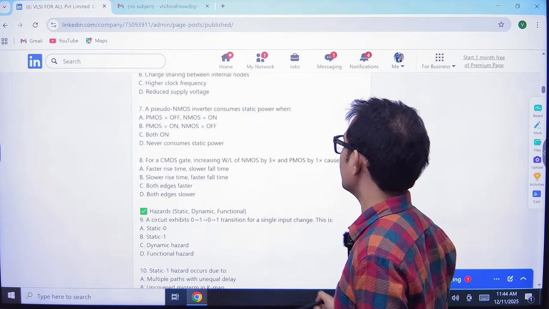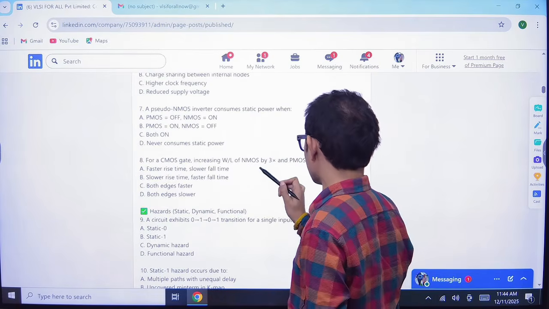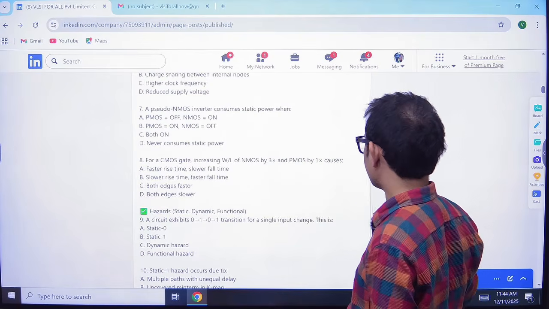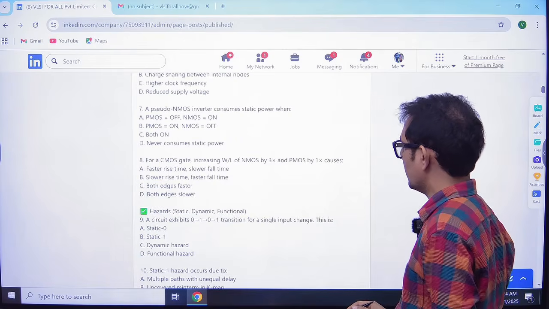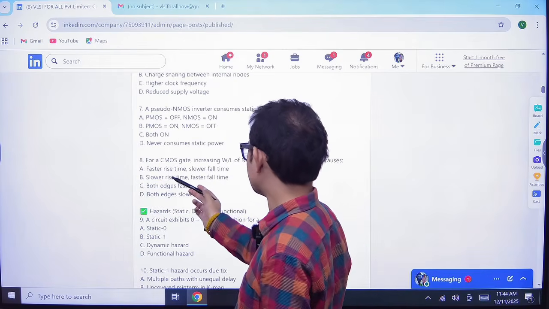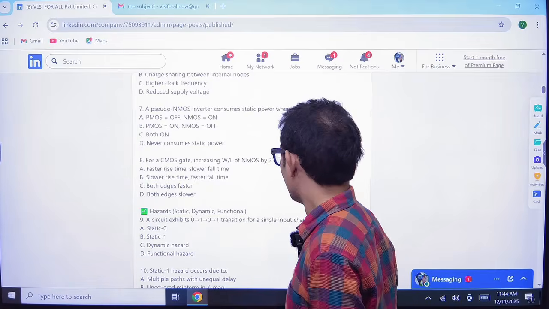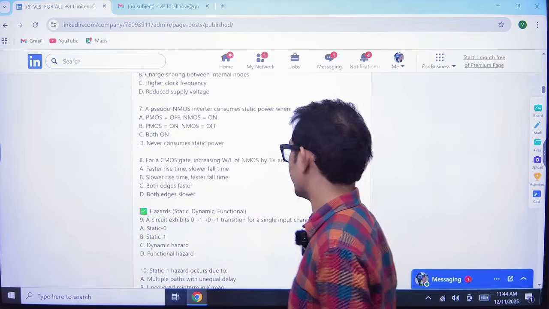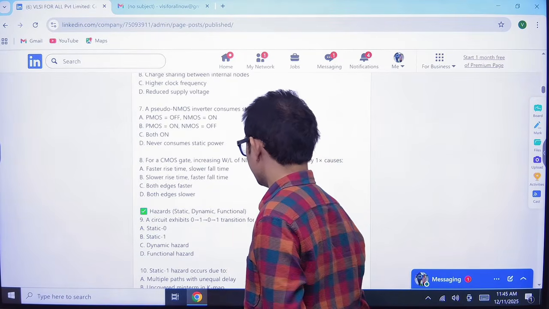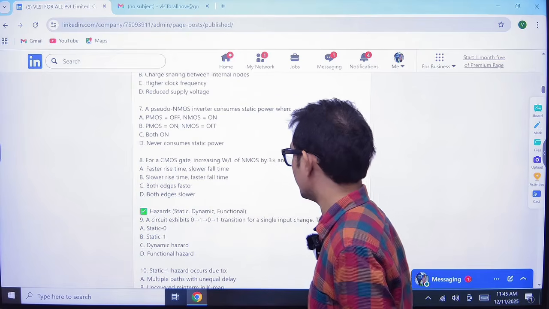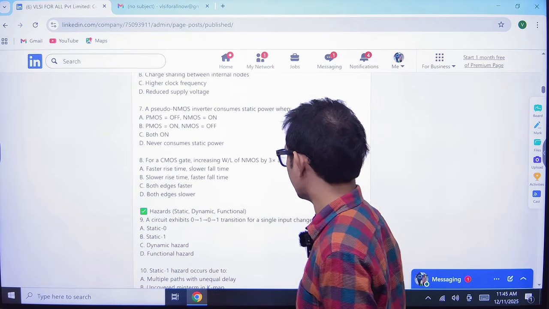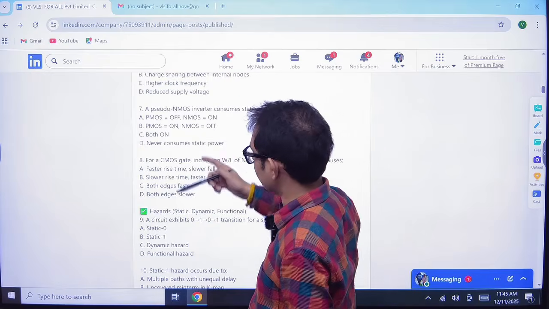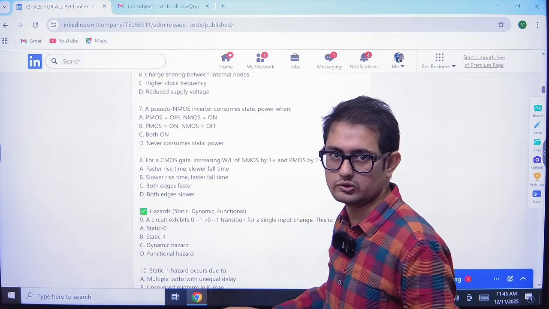In a CMOS gate, increasing the W by L ratio of NMOS by 3x and PMOS by 1x causes: faster rise time, slower fall time, slower rise time, faster fall time, both edges faster, both edges slower. So we have seen this concept in part 1 also, right? If you know.